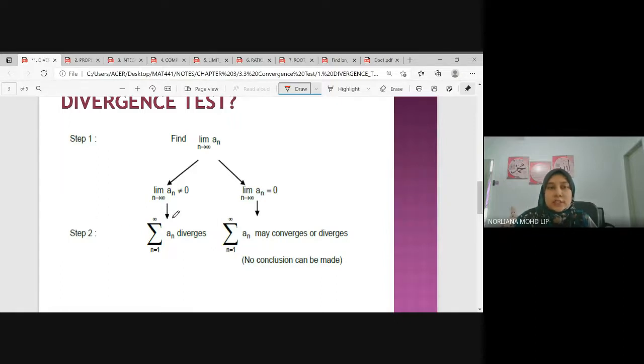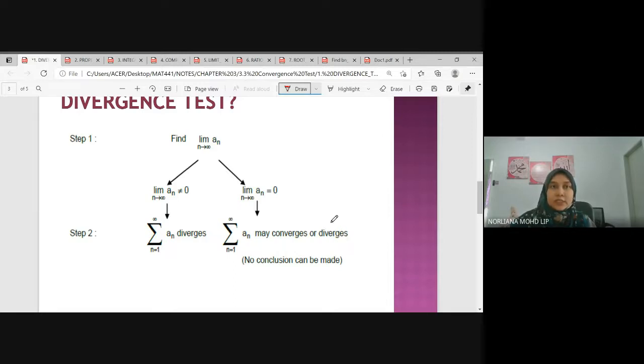Conclusion for this series is diverge. Okay, if the limit an is equal to 0, okay, so the conclusion is, okay, this series may be converge or diverge. Okay, no conclusion can be met. Or we can proceed to test using another test lah, other than divergent test.